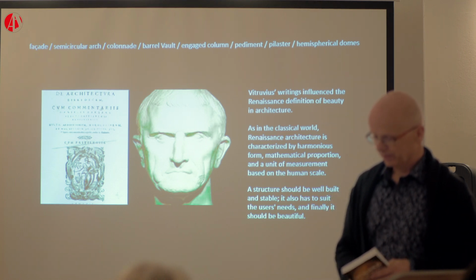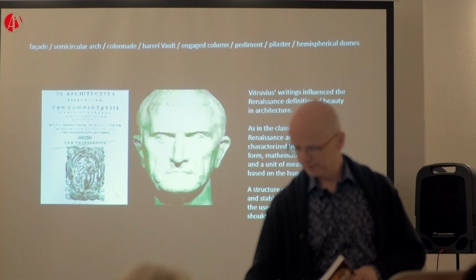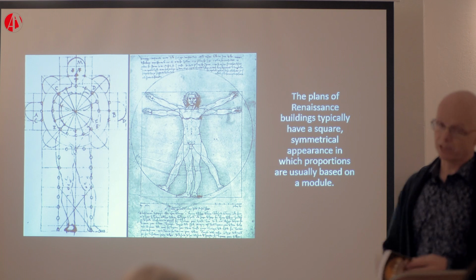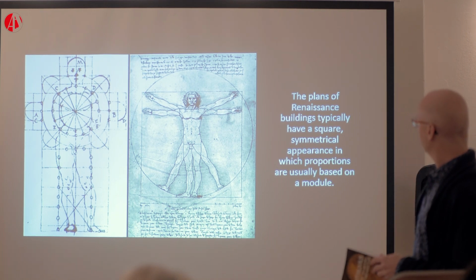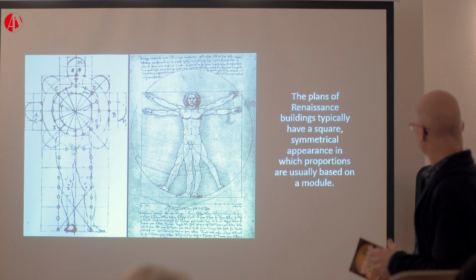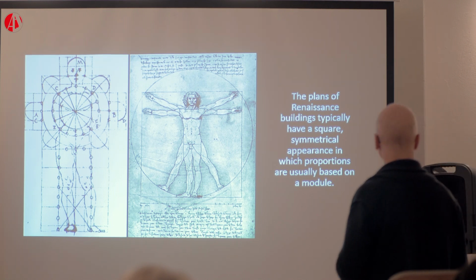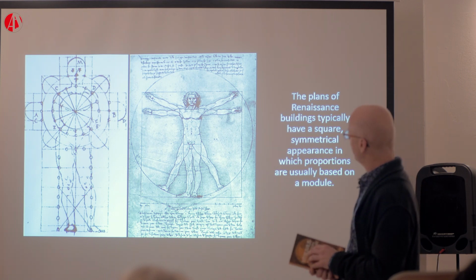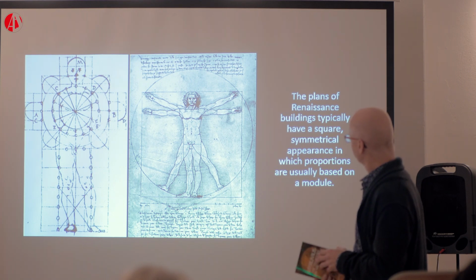That's why Leonardo da Vinci made the Vitruvian Man out of this. And during the Renaissance they started the plans typically square and usually based on a module.